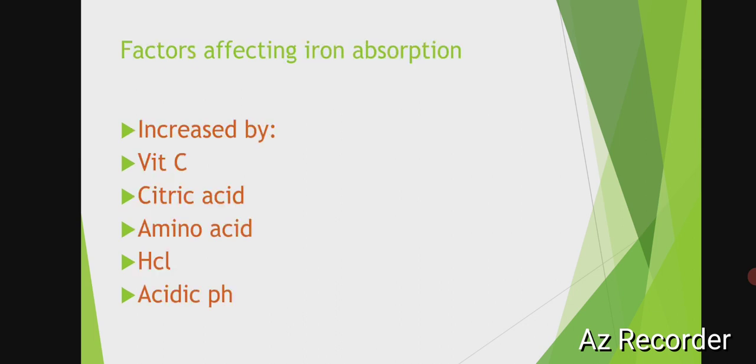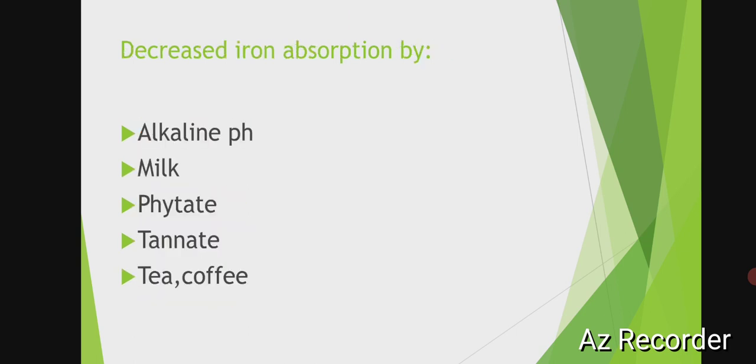Now let's see the factors affecting the iron absorption, and that is increased by vitamin C, citric acid, amino acid, HCl, and acidic pH, and decreased by alkaline pH, milk, phytate, tannate, and tea and coffee.